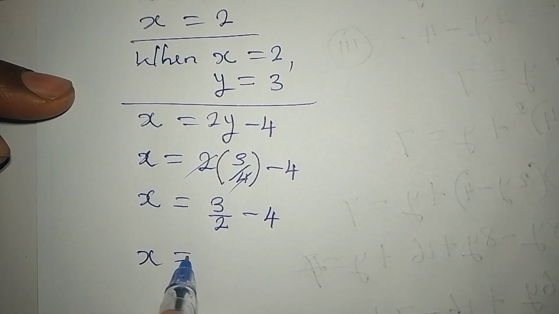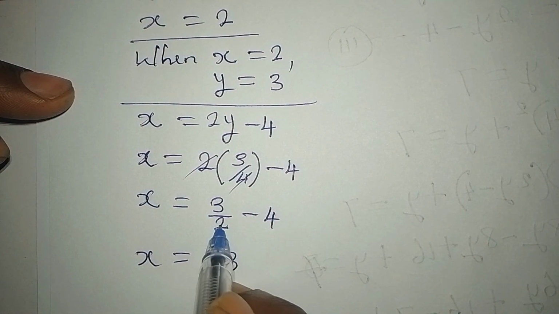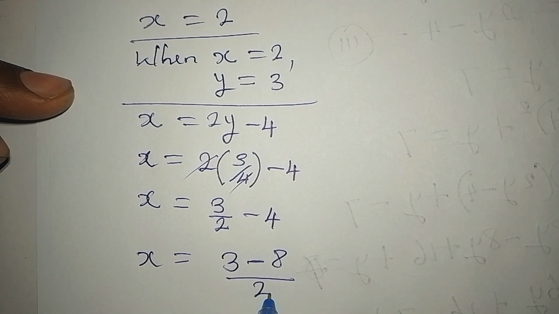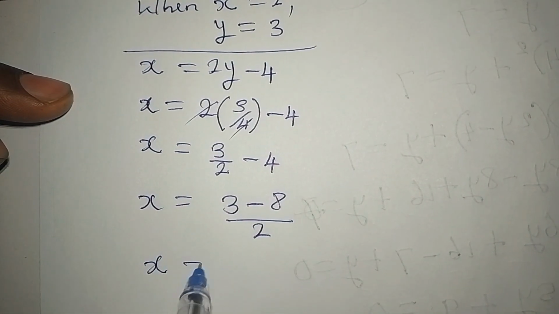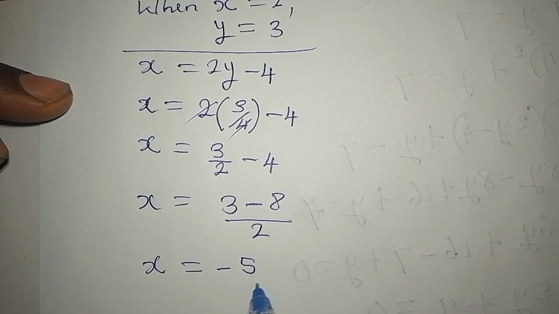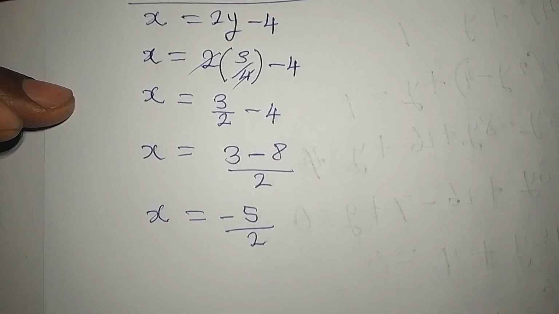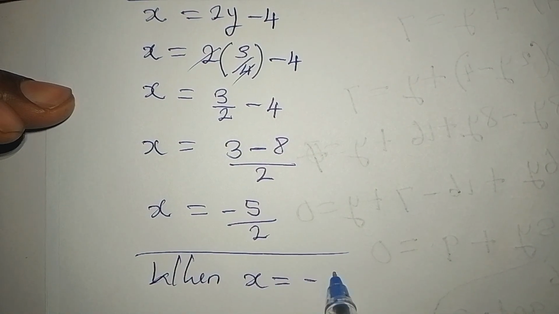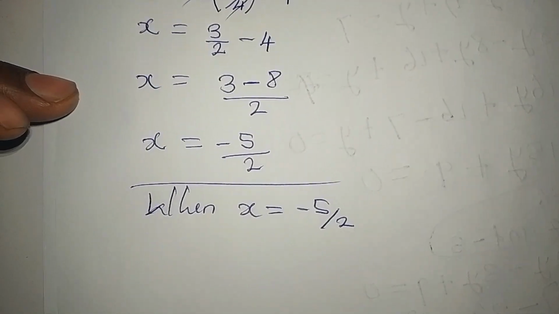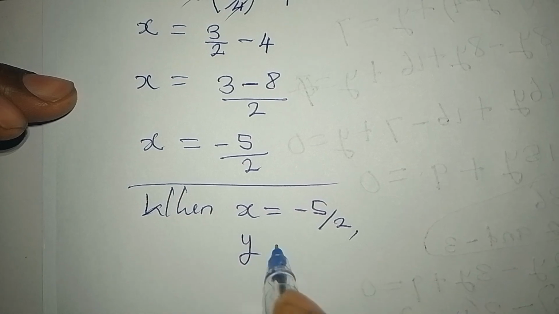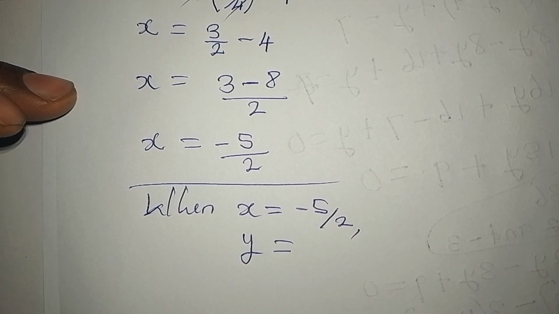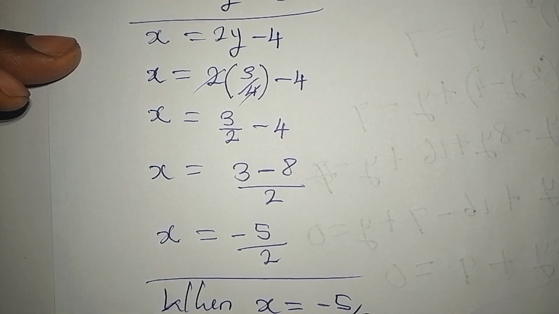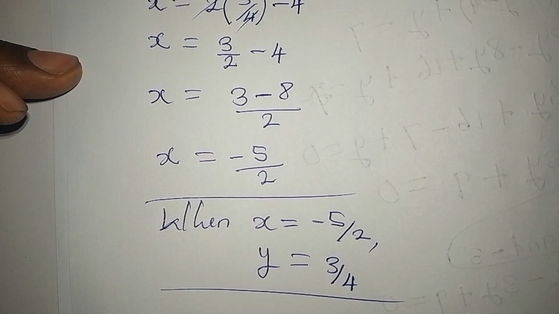So x is equal to 3 minus 8 over 2, so that x is equal to minus 5 over 2. So what are we saying? When x is equal to minus 5 over 2, y is equal to 3 over 4. Okay, so we have dealt with this completely.